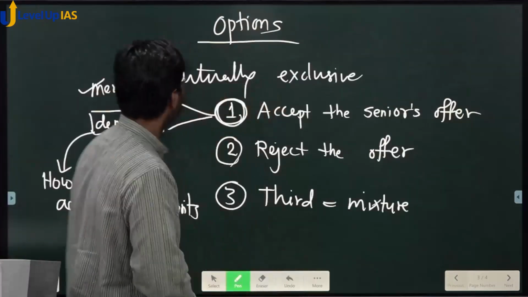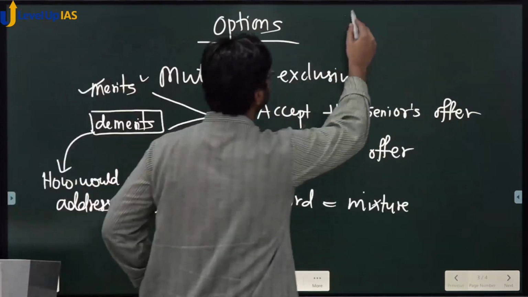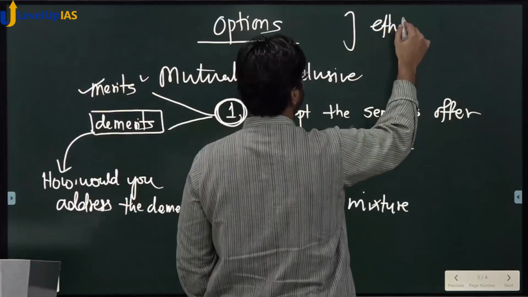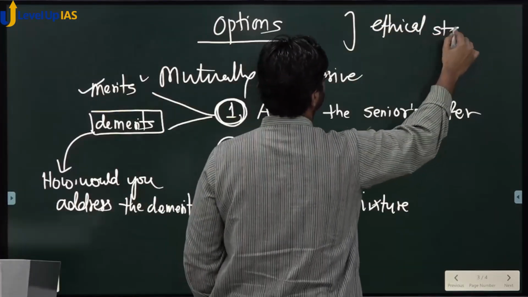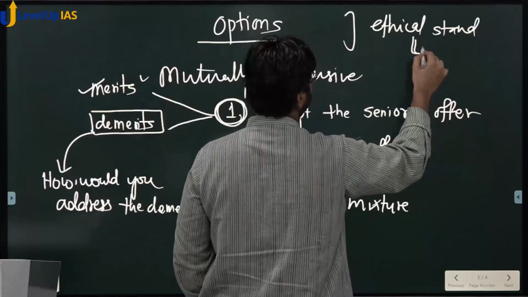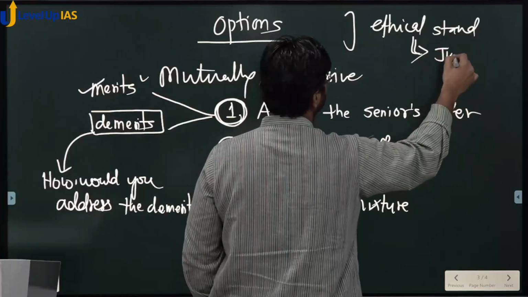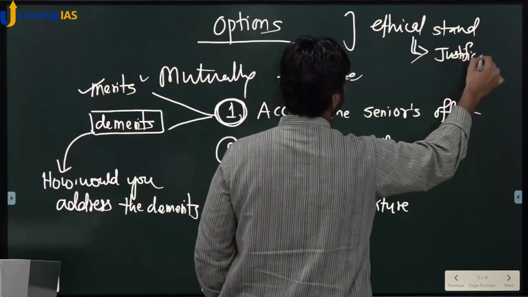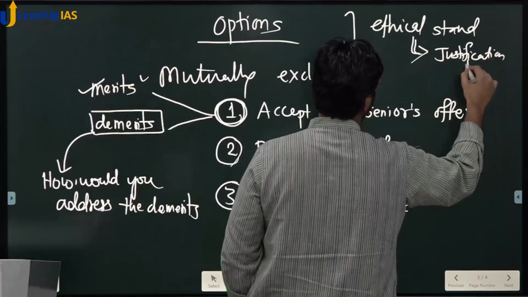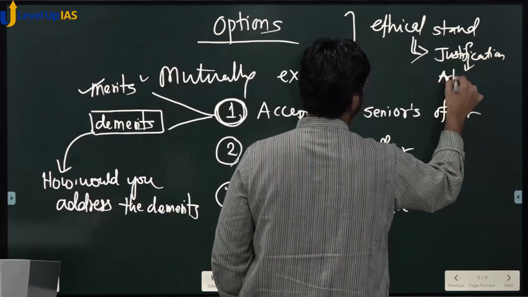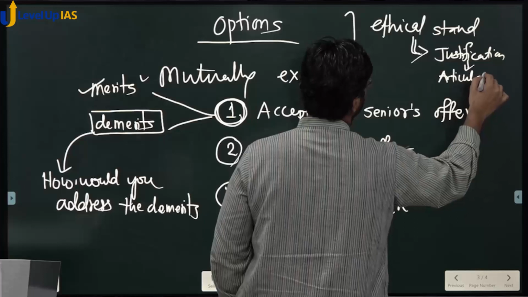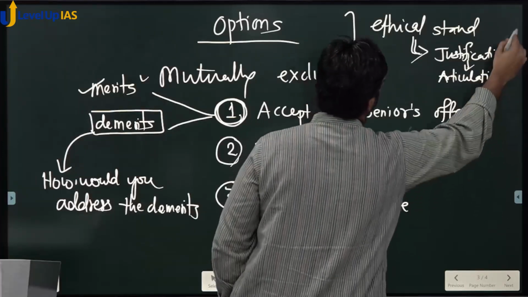It was in options, means it is about ethical stand and its justification basically. When I say stand, please you should hear justification. And when I say justification, please automatically understand articulation. When it comes to marks, articulation, very important.